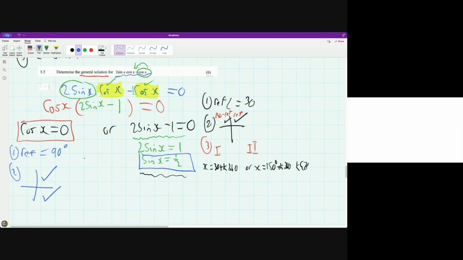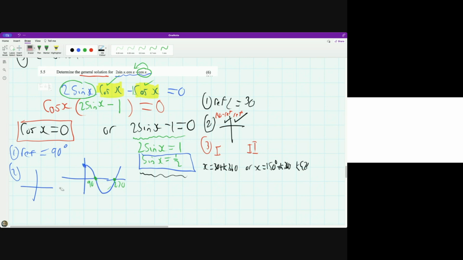Or you can think of the cos graph, when it's 0. Oh, wait, I lie. It's not 90. Or is it 90? Oh, no, it is 90. Sorry. It's here. And then you'll notice the next time it's 0. So if that's 90, the next one is going to be 270.